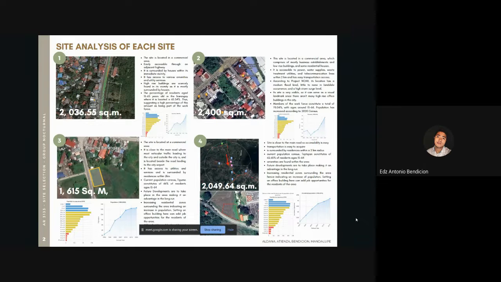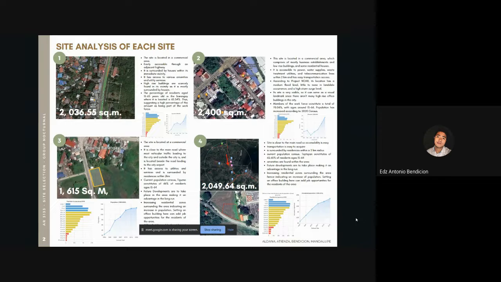So future developments are to take place in the area, making it an advantage in the long run. Residential zones surrounding the area are increasing, indicating an increase in population. Setting an office building here can add opportunities for the residents of the area, and the building itself will serve as a landmark since the area mostly has low buildings, and a high-rise building will surely stand out.